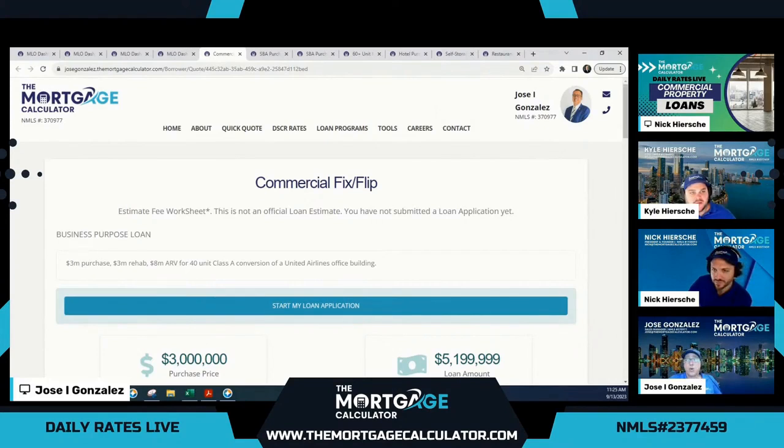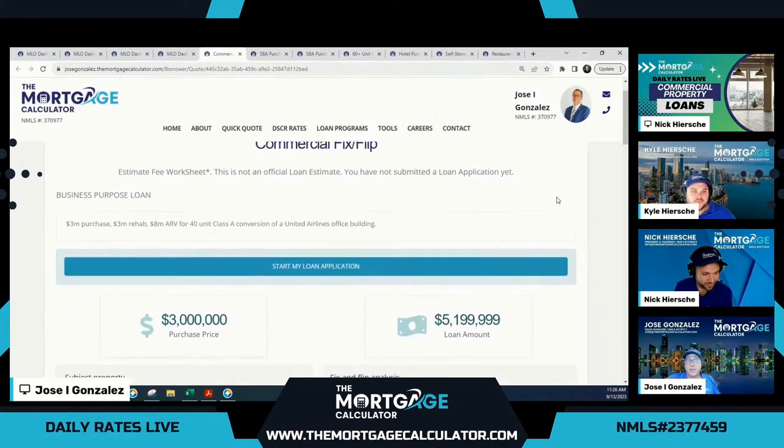This is an old United Airlines office building, and the borrower is looking to convert the building into Class A professional offices, a 40 unit Class A professional office building. So there's a $3 million rehab, and it's a $3 million purchase, and the ARV is $8 million.